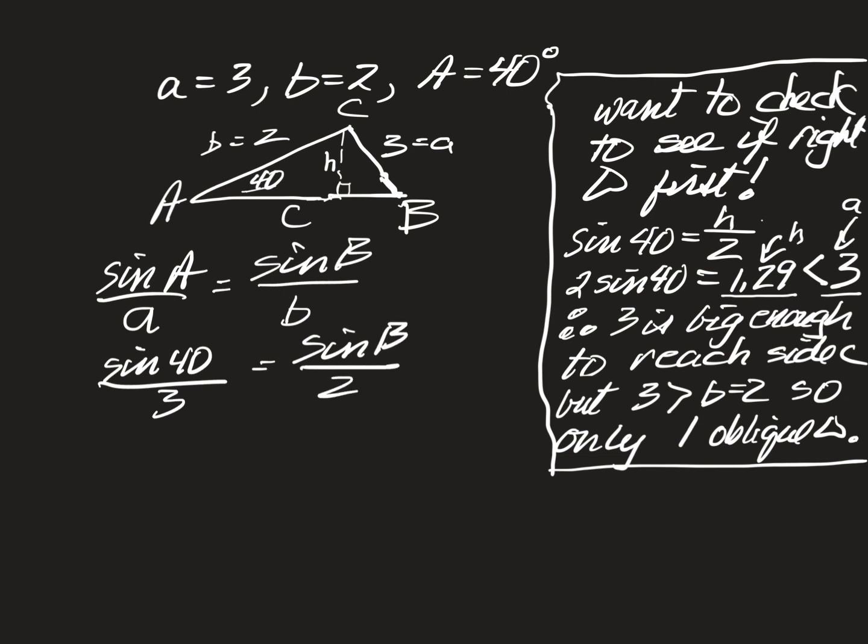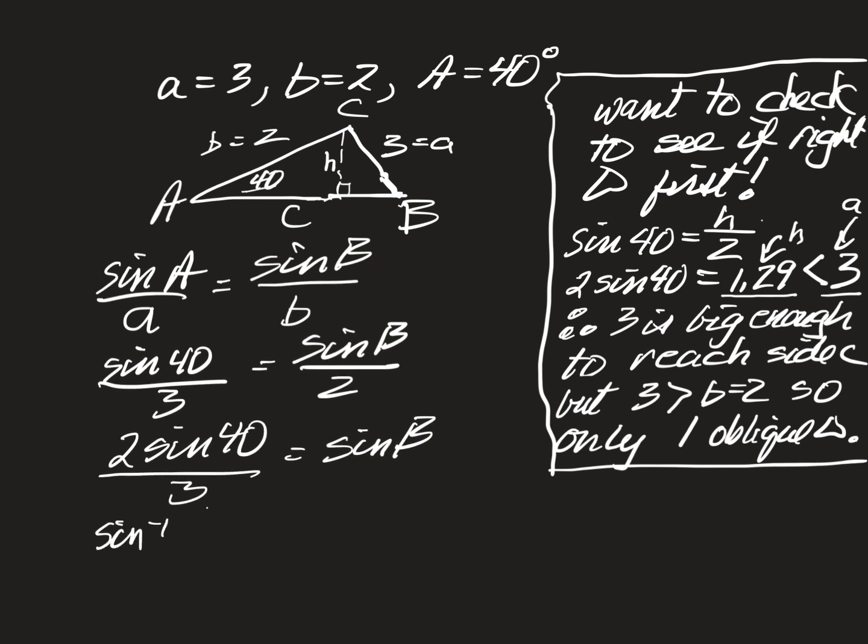So notice here we're not solving for a side, we're actually solving for an angle. So I can multiply both sides by 2 and I get 2 sine 40 divided by 3 equals the sine of B. Okay? Now, to solve for B, I need to take the inverse sine of both sides. So the inverse sine of 2 sine 40 divided by 3 is equal to angle B.